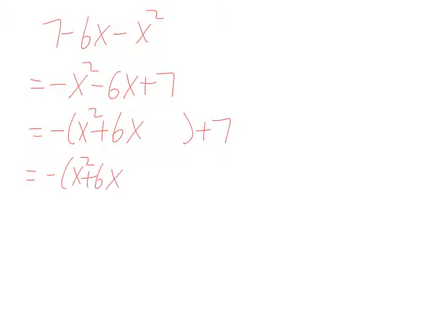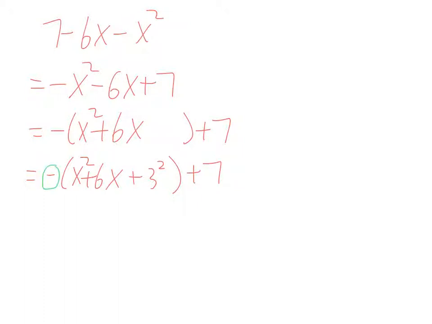In this step, I need to consider what the third term will be so that I can complete the square. The rule, again, to find the third term is the square of half of the middle coefficient. The middle coefficient is 6. Half of 6 is 3. So therefore, I should have 3 squared. Plus 7. Now look at what we did.